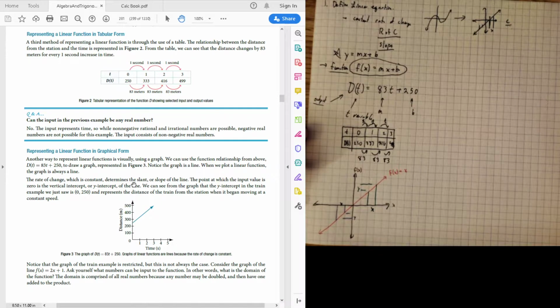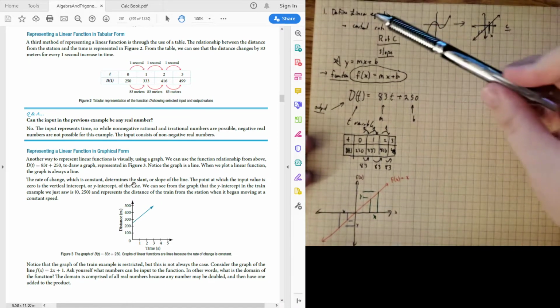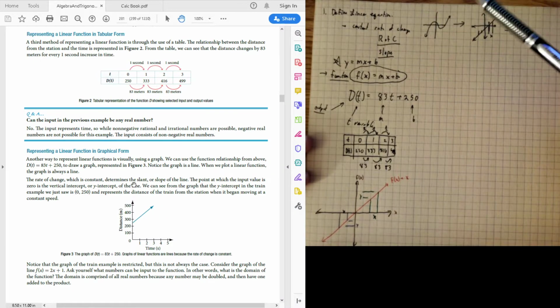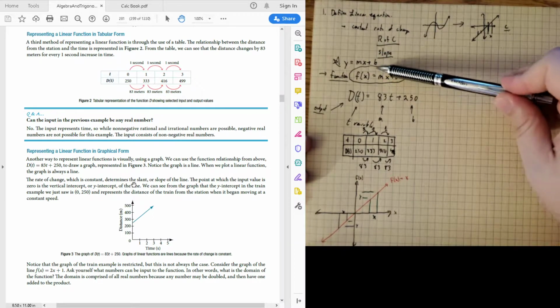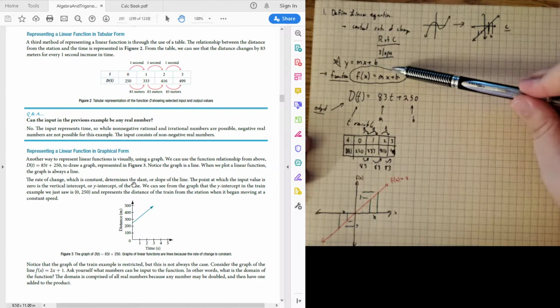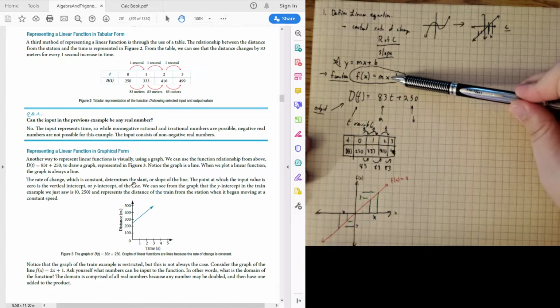Okay, so far we've discussed big details. One, the definition of a linear function is a function that has a constant rate of change, meaning that anytime we look at it, it is one that is a linear function in terms of a line. It usually has two different forms, either the standard notation using y's and x's, or the functional notation using f of x and then your function itself.